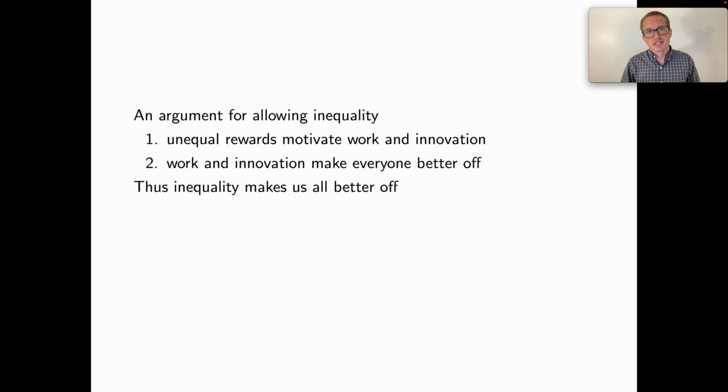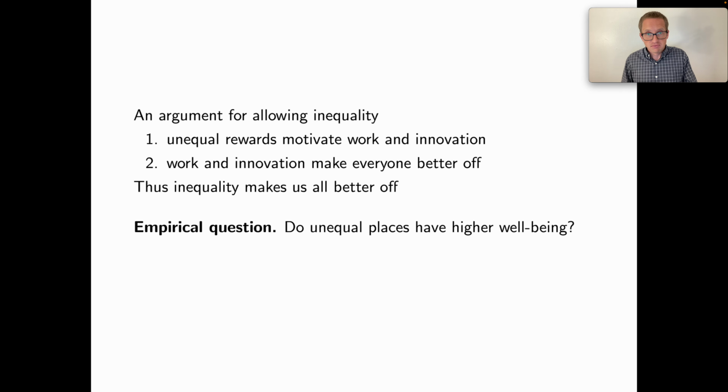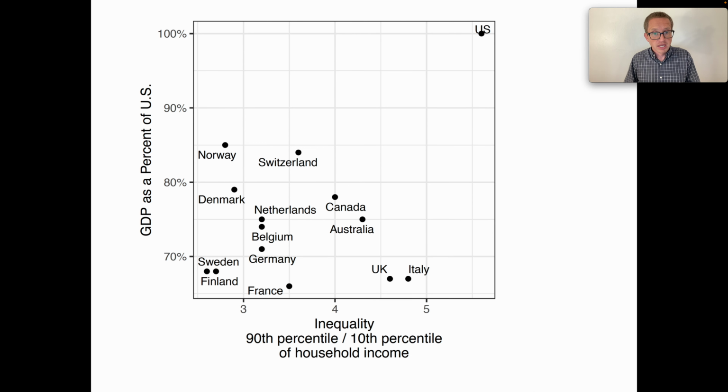These kinds of arguments are often the subject of political debates and conceptual disagreements. What I like about the Jenks paper is that it points out that some of these arguments can actually be tested empirically. Empirically, is it the case that more unequal places have higher well-being than places that are more equal?